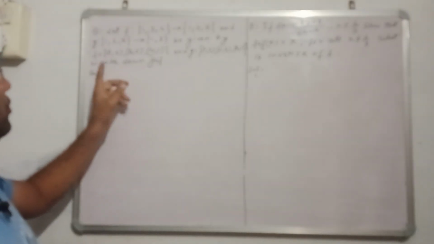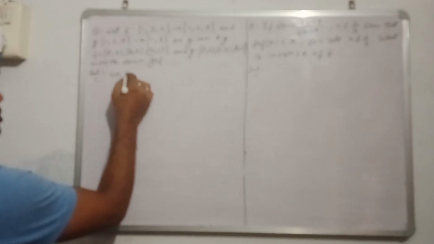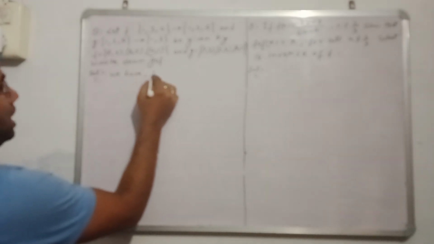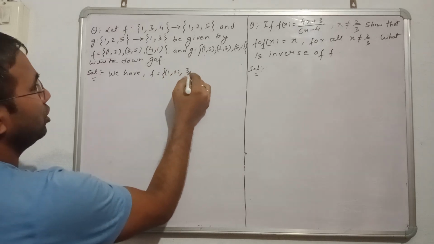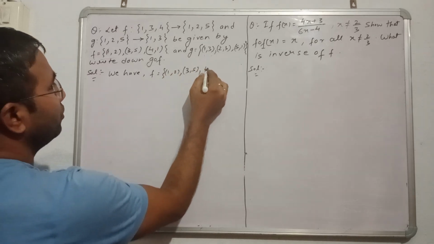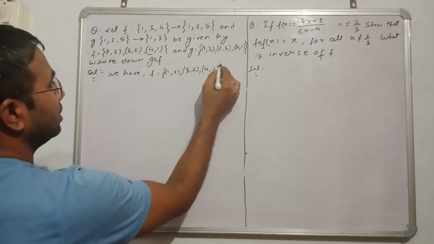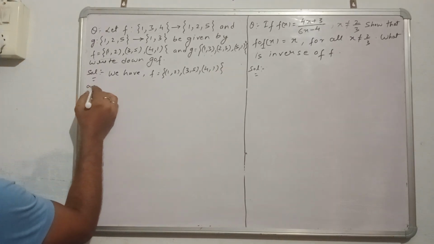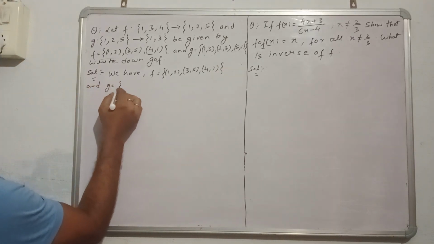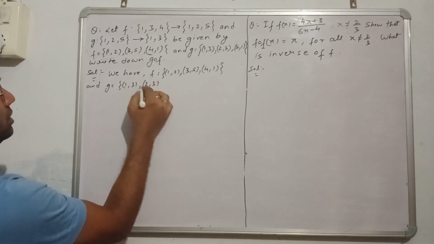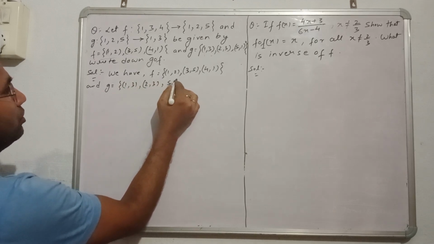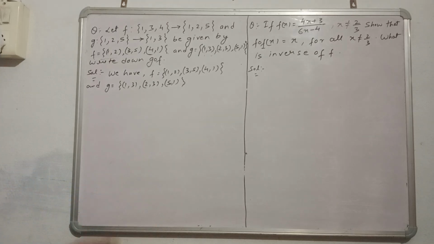So see here, first of all write down what is given. We have f is equal to (1,2), (3,5), (4,1), and g is equal to (1,3), (2,3), (5,1).